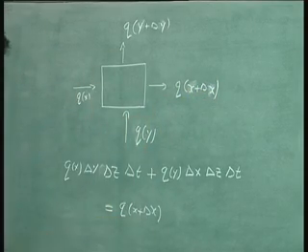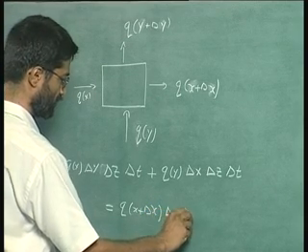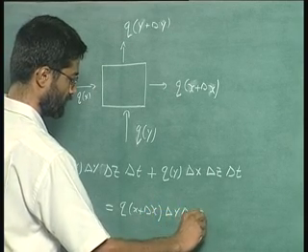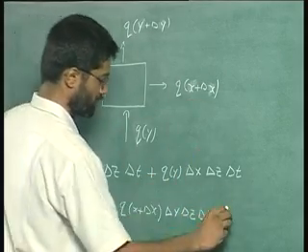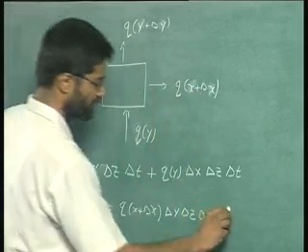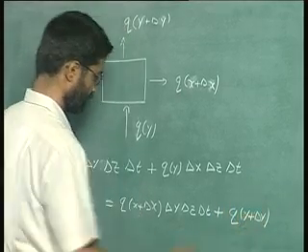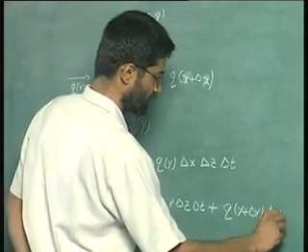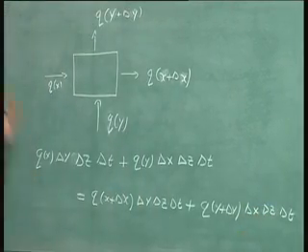So Q at x plus delta x into delta y delta z delta t is the heat going out there, and the heat going out here would be Q at y plus delta y into delta x delta z delta t. So that will be the heat which is going out.